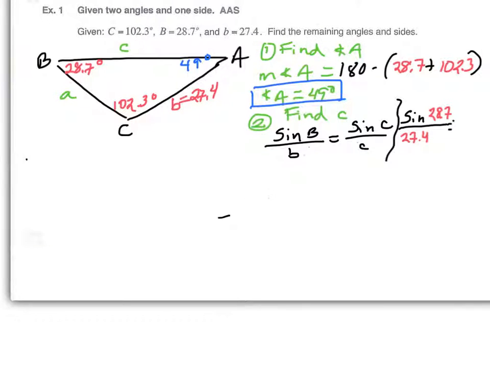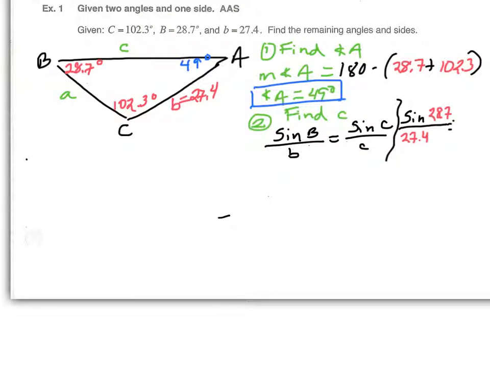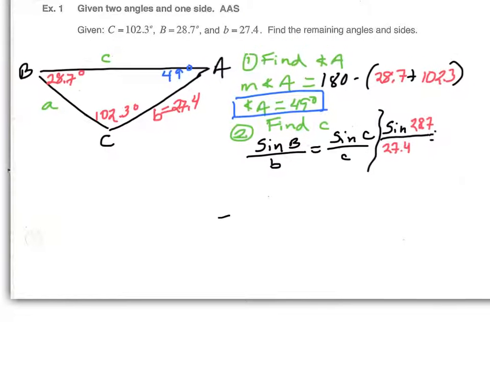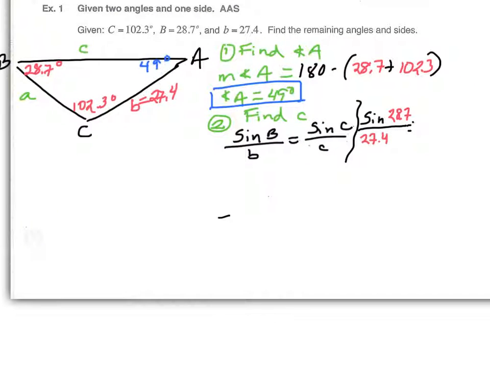This is so annoying. Okay, there. I'll move that then. All right, so sine of C is 102.3. And then that's all divided by, do I know side C? Nope. So it's just C.